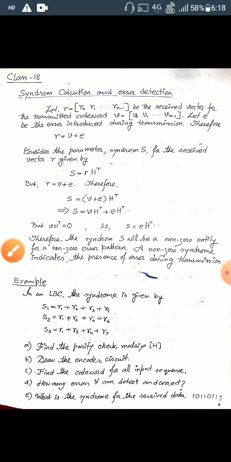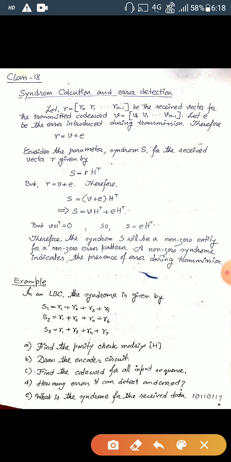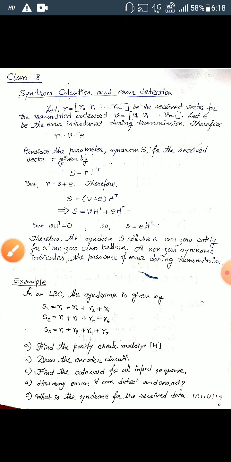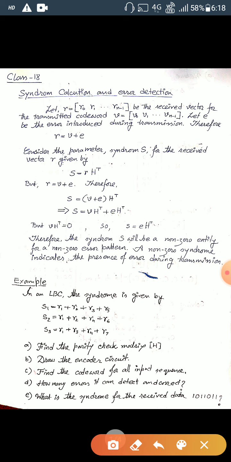And the transmitted code word, which is transmitted from the transmission section, is defined by V equal to V0, V1 up to Vn minus 1, because the transmitted signal is of n-bit order. So now at our receiver side, R0, R1, R2 up to Rn minus 1 is received.